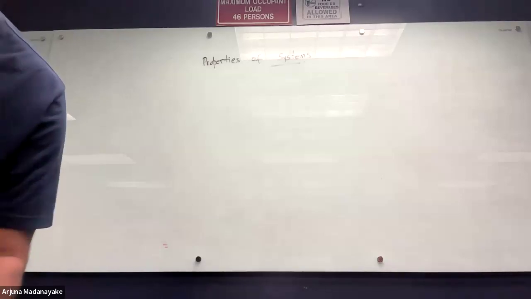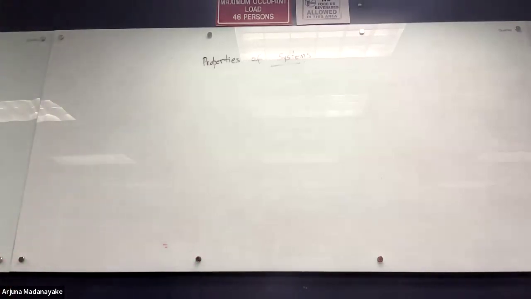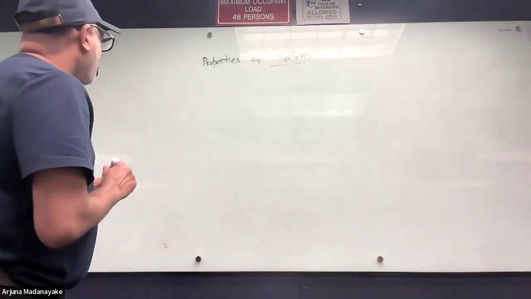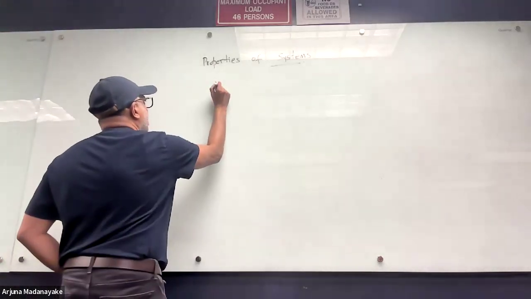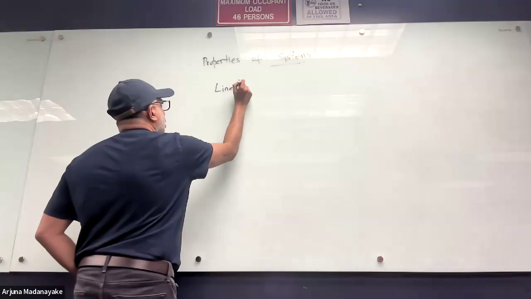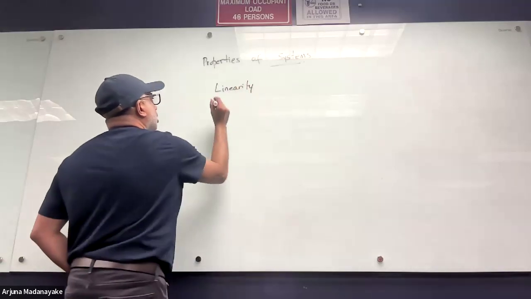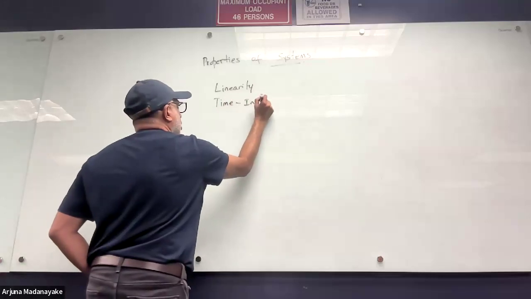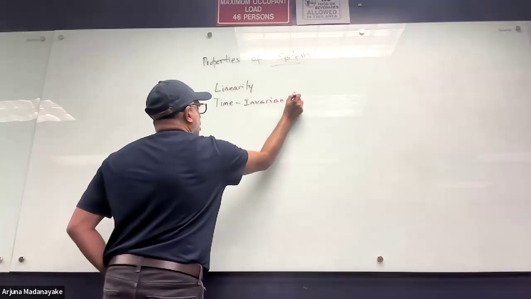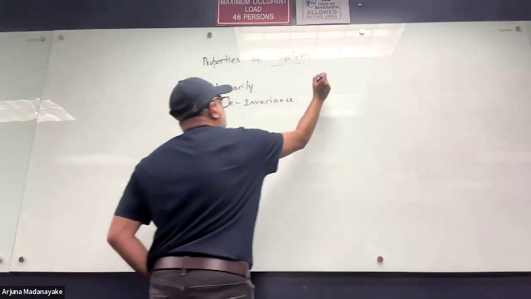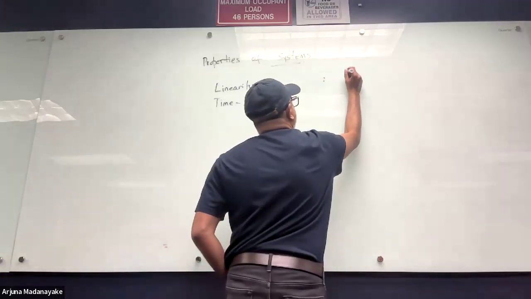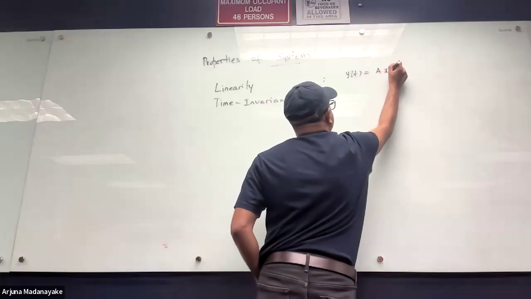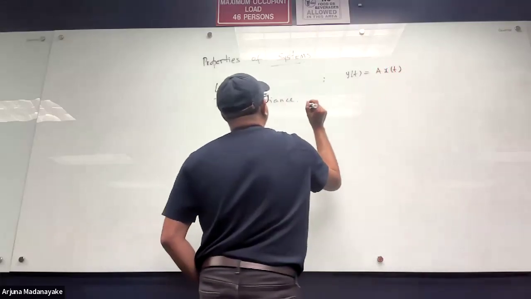So now let's try to combine the two properties that we talked about into one property. The two properties: linearity and time invariance. Linearity means y of t is equal to a times x of t.